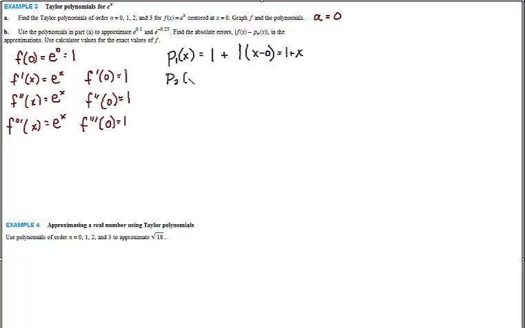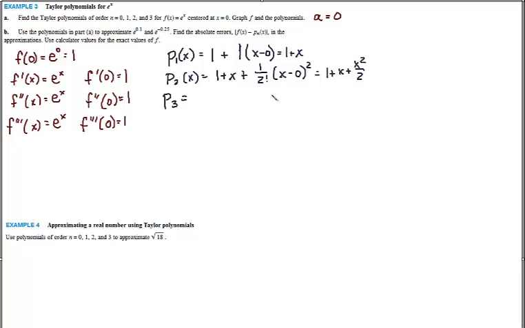P2 of x is going to be that 1 plus x, and then it's going to be plus f double prime at that point, which is 1 over 2 factorial times x minus 0 quantity squared, and this will then yield 1 plus x squared over 2.